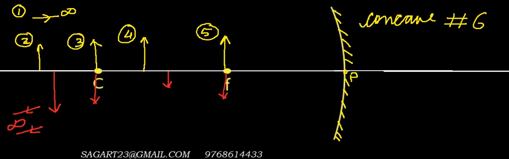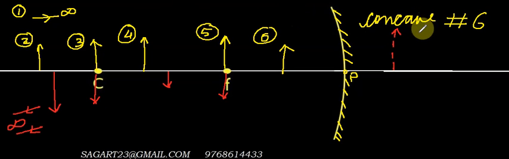And the final diagram was when the object was placed between F and P, between focus and the mirror, and that was the only time when we have a virtual image formed for a concave mirror. It was formed behind the mirror, and it was virtual. So these are the 6 diagrams that were there for concave.